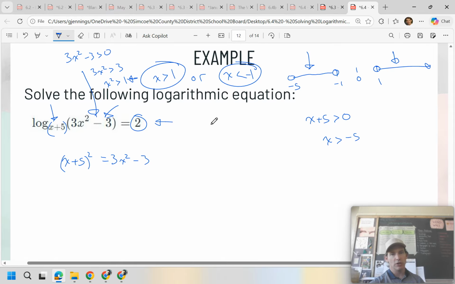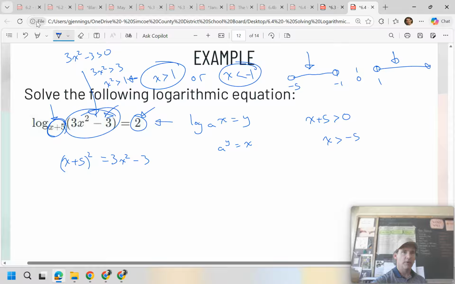That's just using your log a to the x of x is y. So that is to say a to the y equals x. So there's our y, there's our x, and there's our a, and here's our x. Okay, so now, then you just solve it.